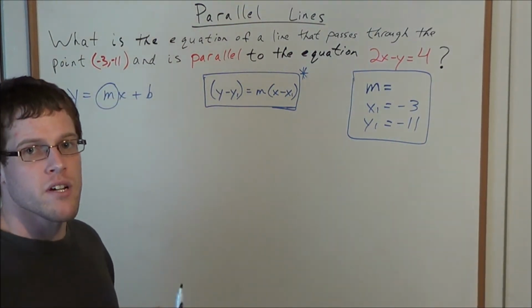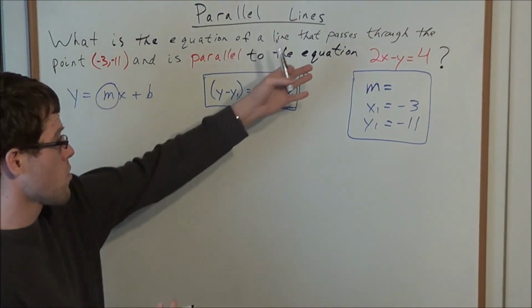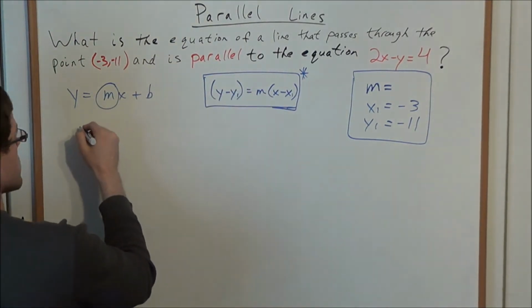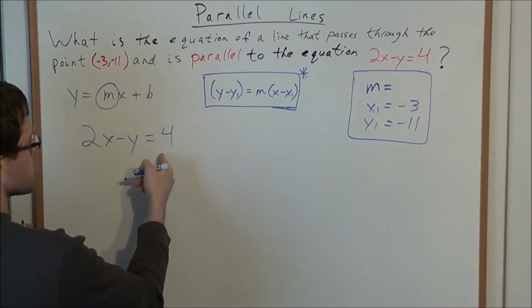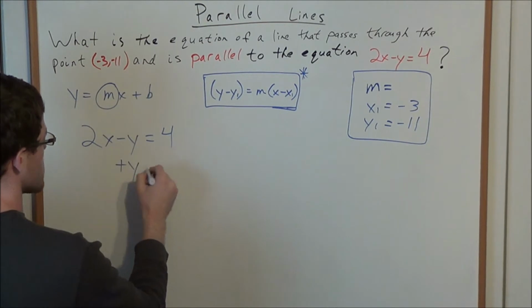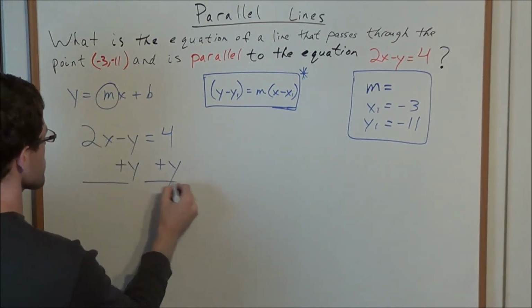Because remember, parallel lines have congruent slopes. They're the same. So when we find the slope of this line, since our line is going to be parallel to 2x minus y equals 4, once we have the slope of this line, that's going to be our m. So we solve for y so that we can easily identify our slope.